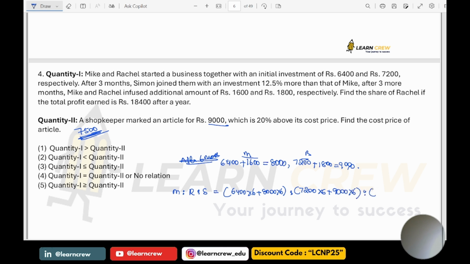Whereas Simon joined after 3 months only, so his investment is 7,200 for the remaining 9 months. So all zeros cancel.